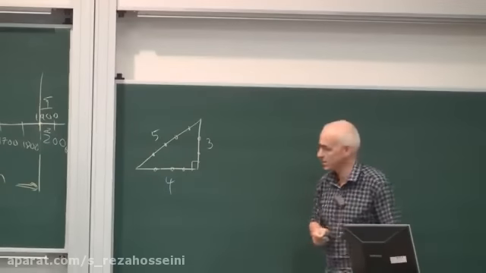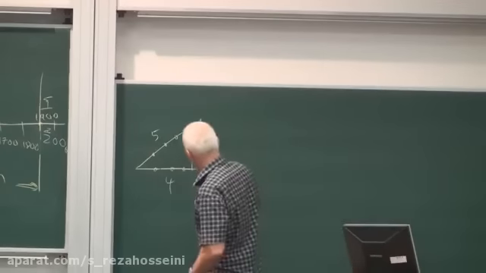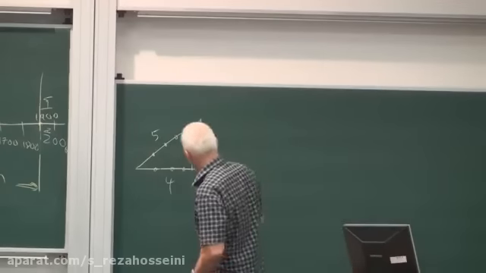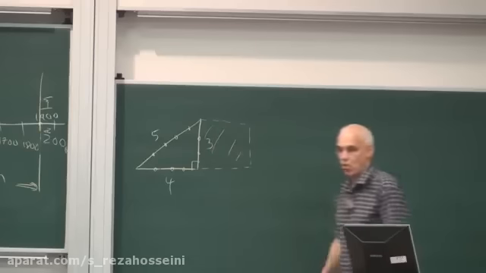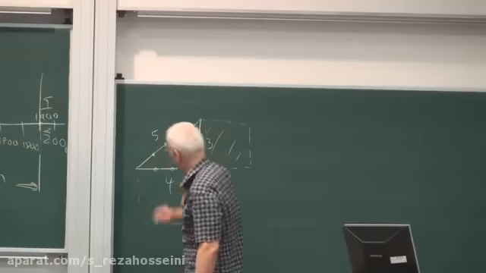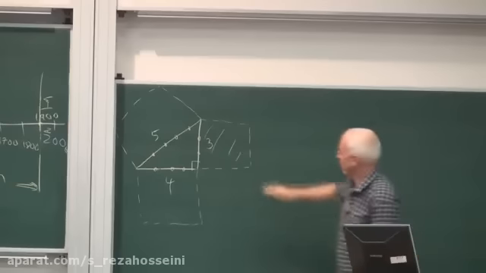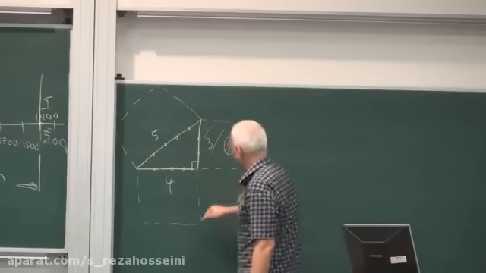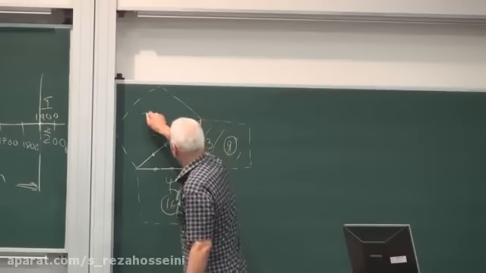It's exactly 90 degrees. And the important relationship here is that the area of the square built on that side, plus the area of the square built on that side, is the area of the square built on the hypotenuse. So these areas: that one's 9, that one's 16, and that one's 25.